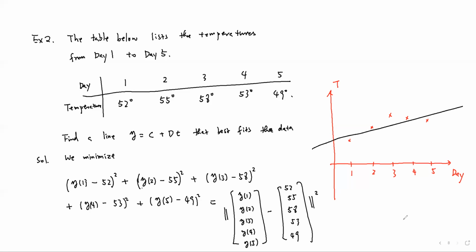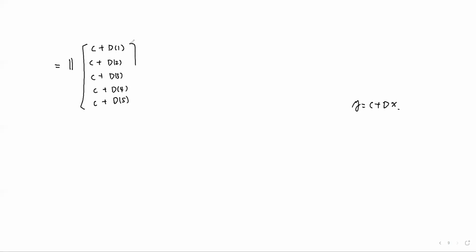y1 is C plus D times 1. A line y is C plus D times X. Then y2, y3, y4, y5, a vector, minus the data, and then the length squared. Now I write this into a matrix.